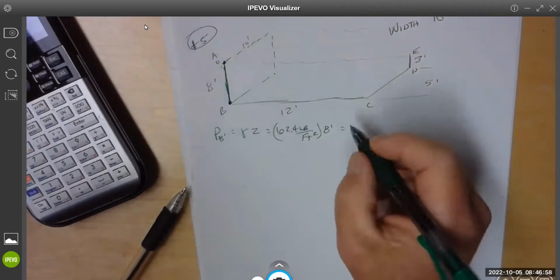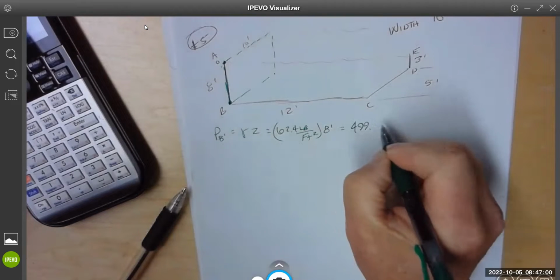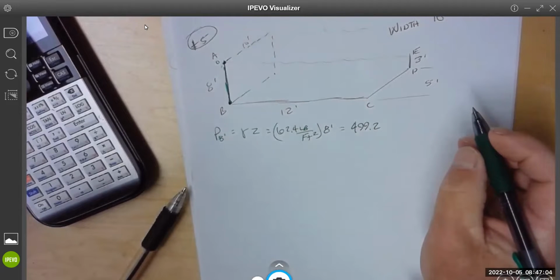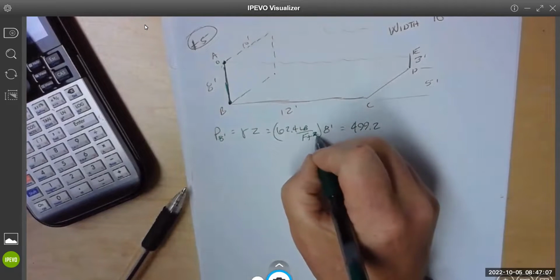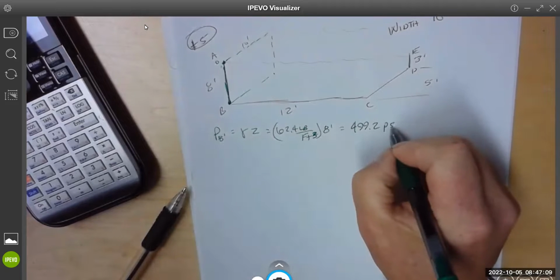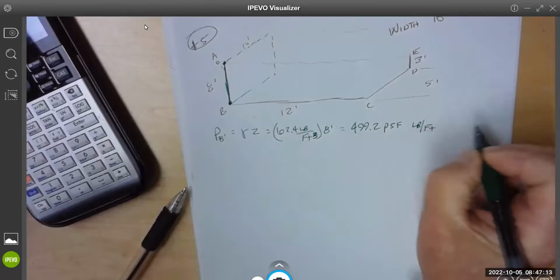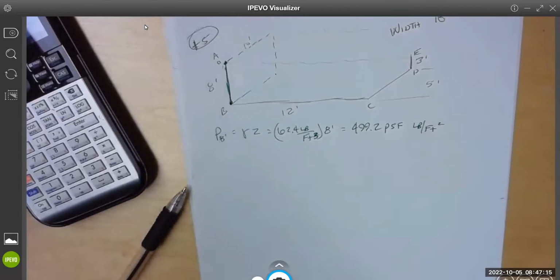That gives $499.2, and the units are PSF, pounds per foot squared.